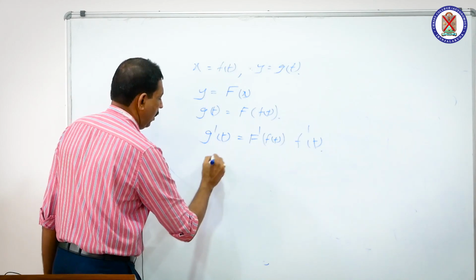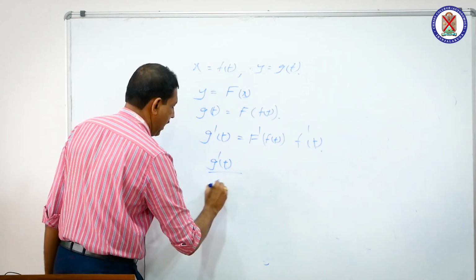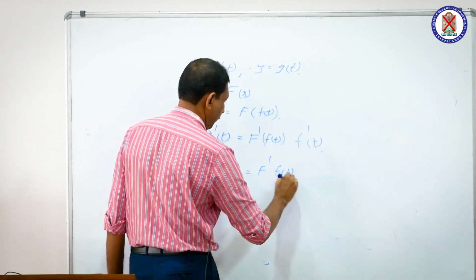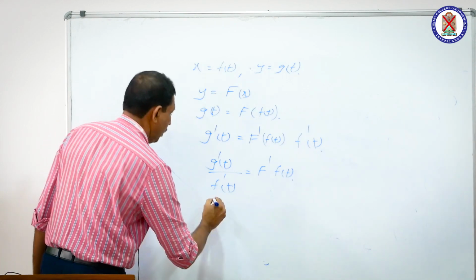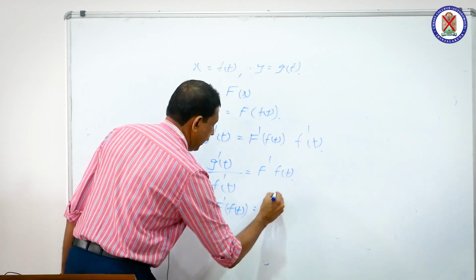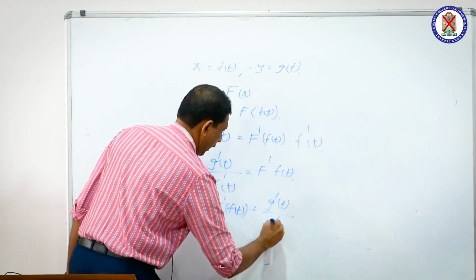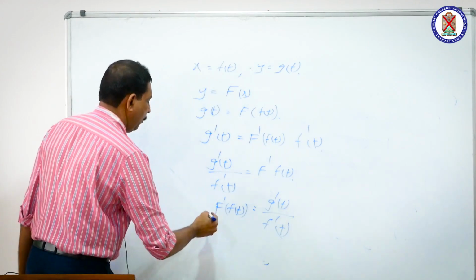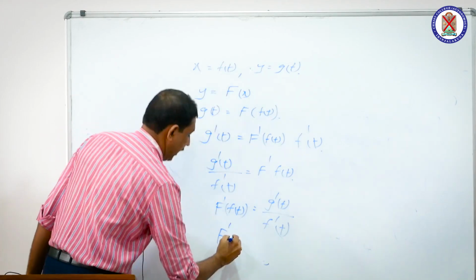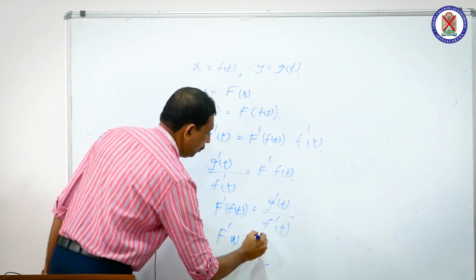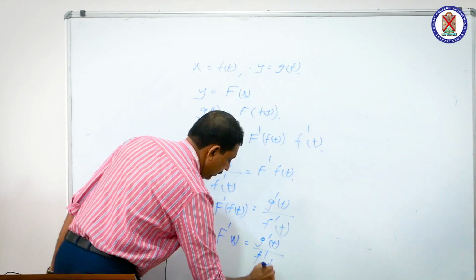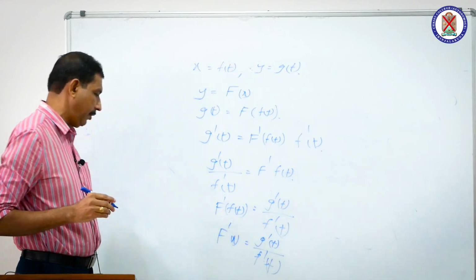That is, g dash t divided by f dash t equal to f dash of f of t, or f dash of f of t equal to g dash t divided by f dash t. But you know, f of t means x, so f dash of x is equal to g dash t divided by f dash t. This is an important formula. This is the parametric differentiation.